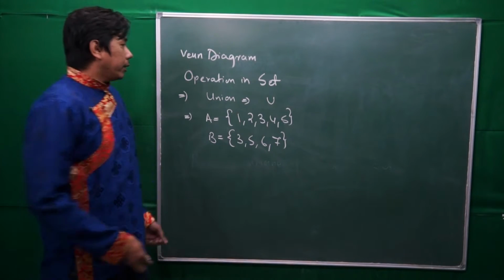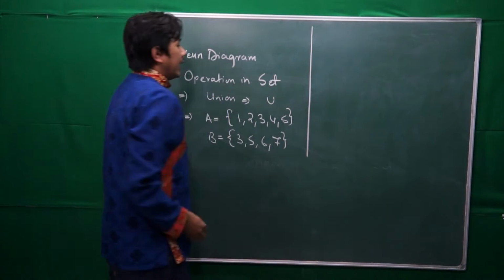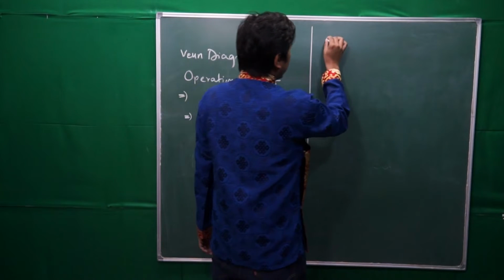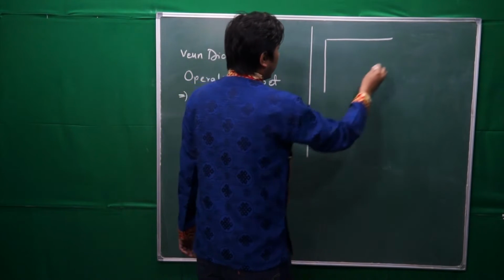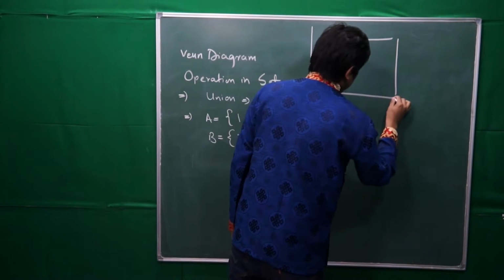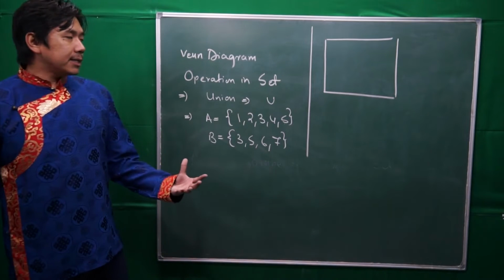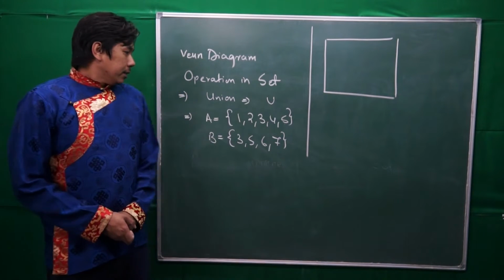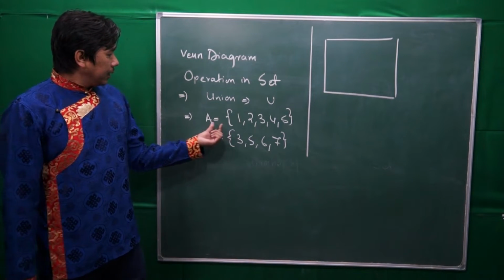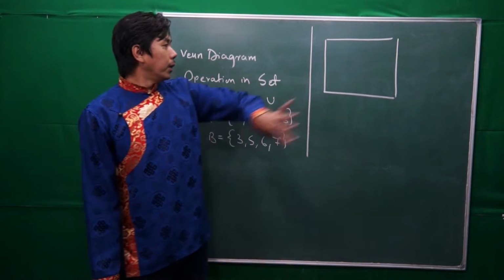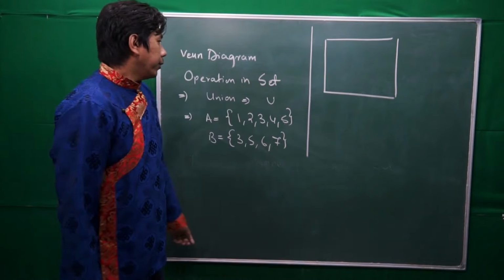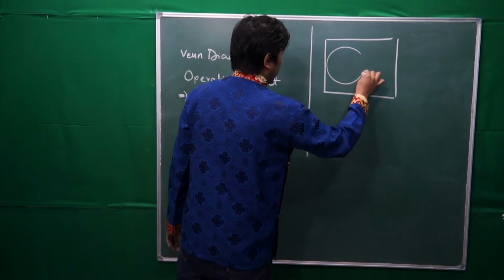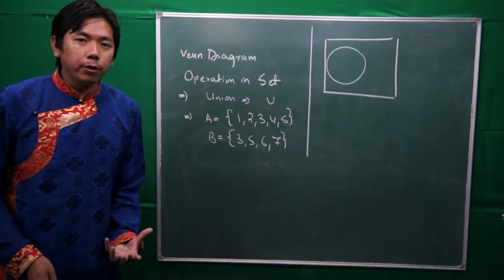Now how do we represent a Venn diagram? Simple. In a Venn diagram, we have a universal set. If you remember what a universal set is, it is represented by a square box. This universal set contains both sets A and B. Next, we have to represent set A and set B within this universal set. First, let's represent set A. This is how we are going to represent a set.